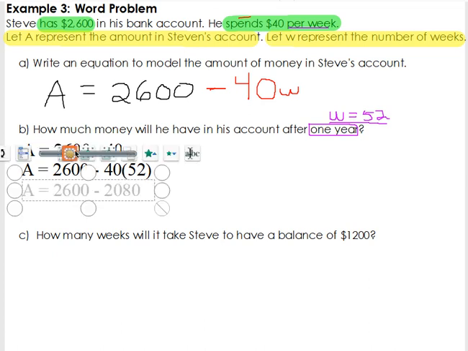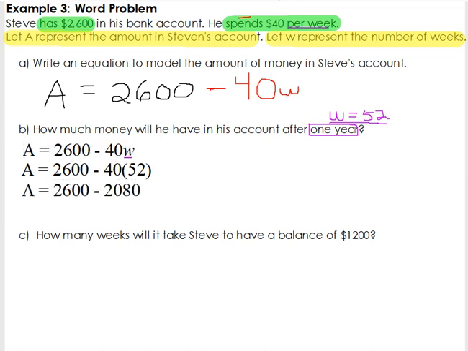That is going to equal 2600 minus 2080. Let me double check that. 40 times 52, 2080. And now 2600 take away 2080 is just 520. That's it. So A equals 520. Remember, A is the amount in Steve's account.